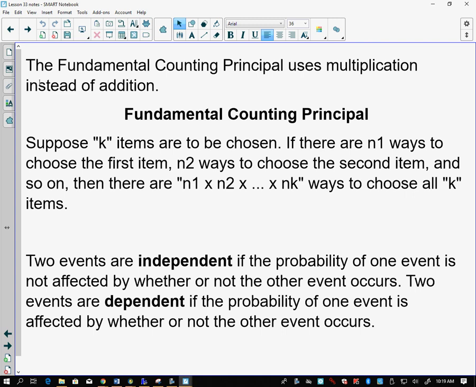Because he put it back, the probability doesn't change for Axel, right? The same number of red marbles are still in the bag, and the same number of total marbles are still in the bag, so those events are independent from one another, right?